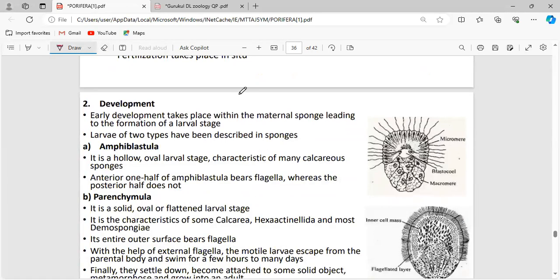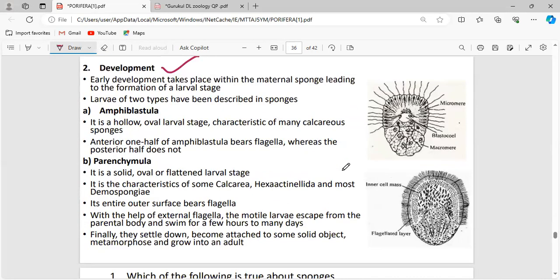Now, development. How will the development occur? There may be direct development and indirect development. In indirect development, the young ones will undergo many larval stages and those larval stages will give rise to an adult form. In direct development, straight away the young ones will develop, grow in size and give rise to an adult form.